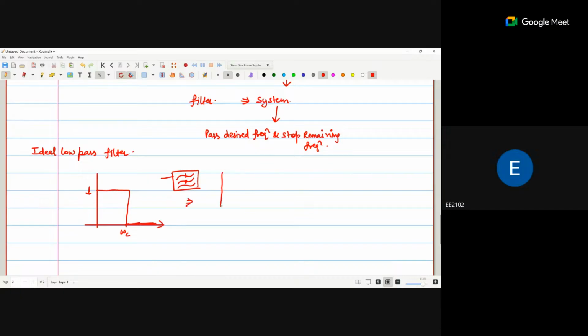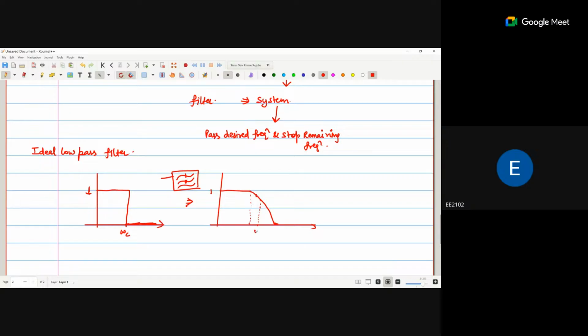So practically, the filter response should be like this. Okay, it is 1. From here, it will start decreasing.